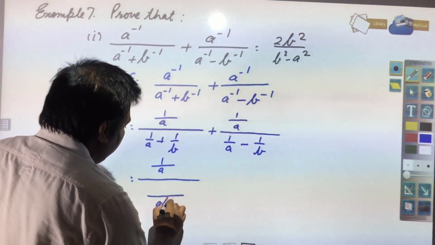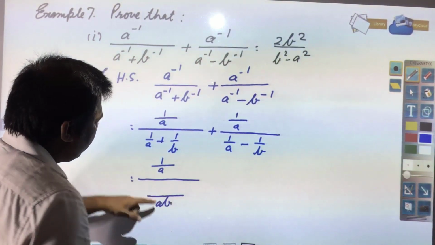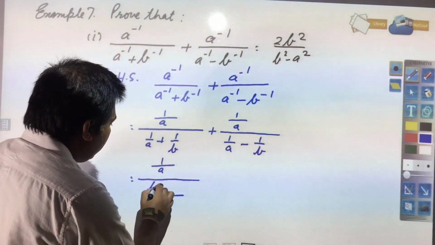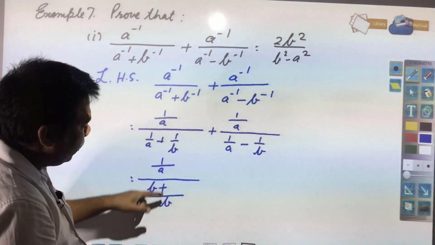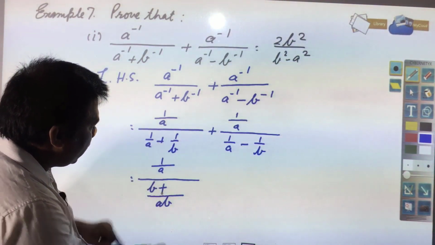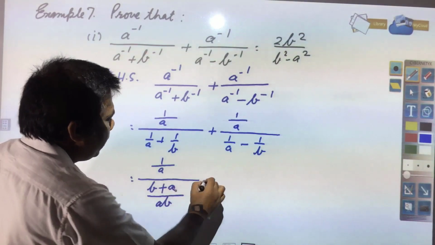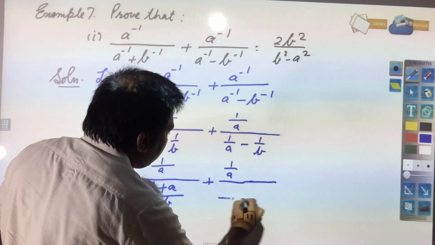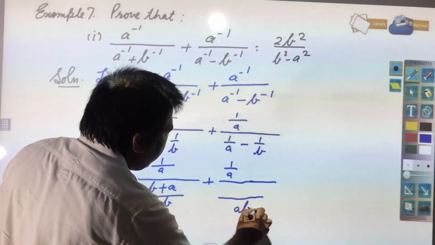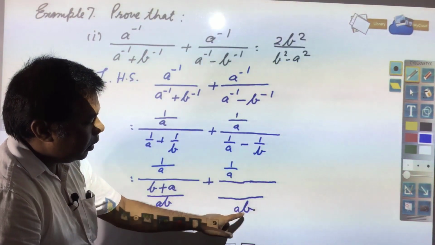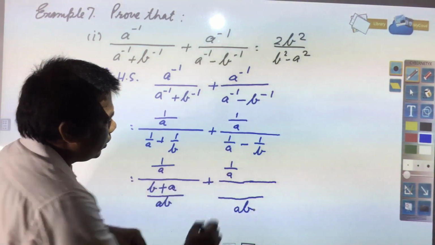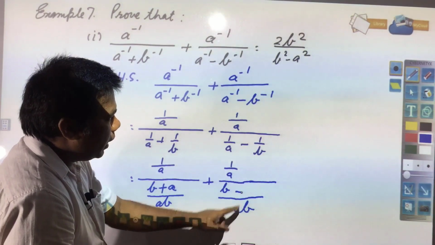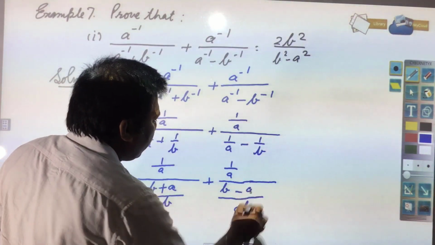Your LCM will be AB, and if you divide AB by A, you will get B, B into 1 is equal to B, plus dividing by B you will get A into 1 is equal to A, plus 1 by A. Here again the same thing is required; your LCM will be AB. By A you will get B, B into 1 is equal to B, minus dividing by B you will get A into 1 is equal to A.